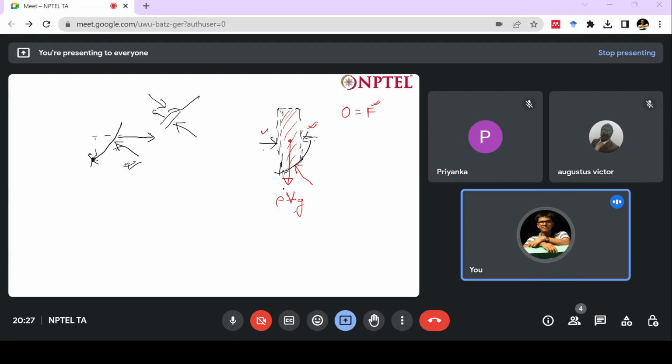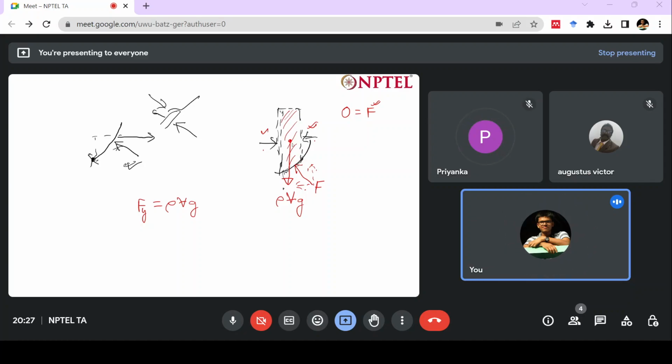So let's say F is this particular force. The y component of this F, it has two components, one is this, and another is this. So this y component Fy must be equal to my rho Vg, since no other vertical force is applicable.